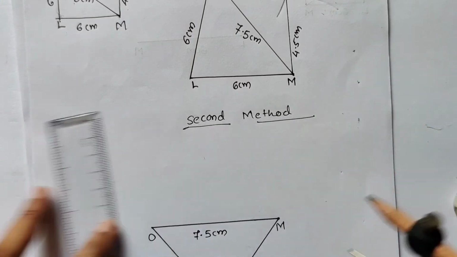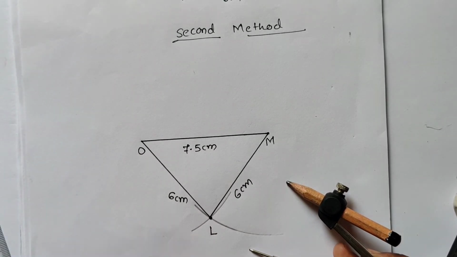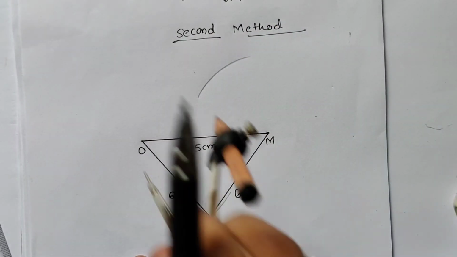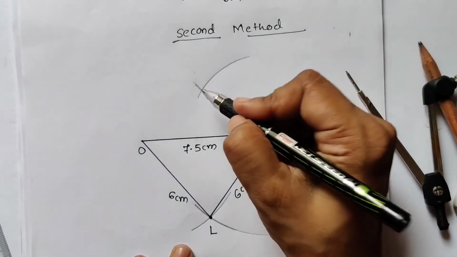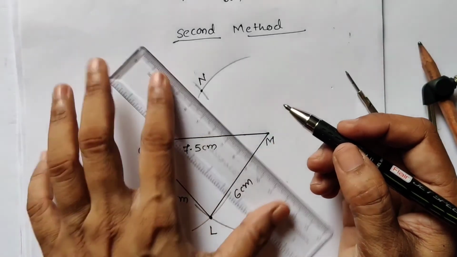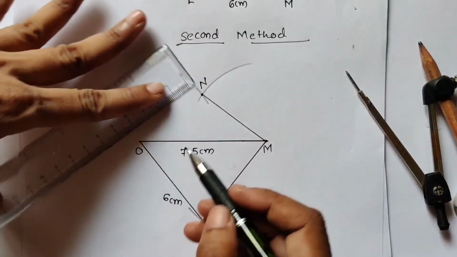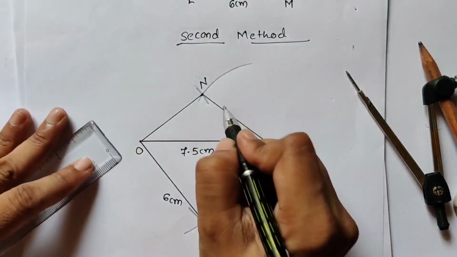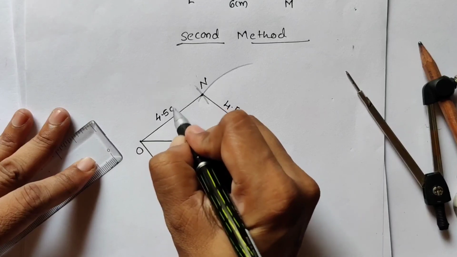See here I have taken 4.5 and now I am going to draw an arc from O also, from M also at 4.5. This way you can draw an arc. And this way we can fix the position of point N, and this is 4.5 centimeter. This is also 4.5 centimeter.